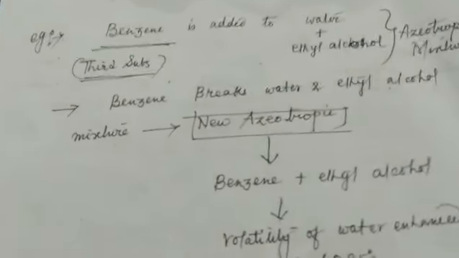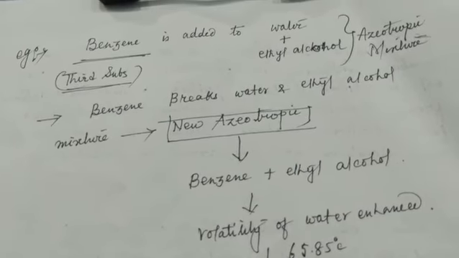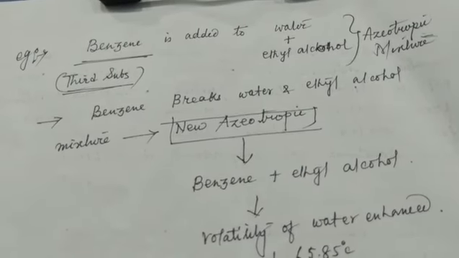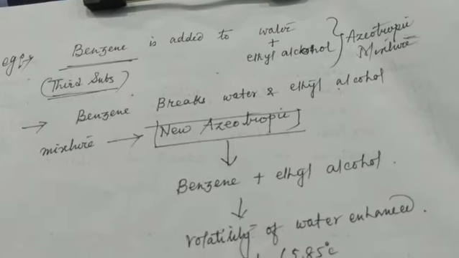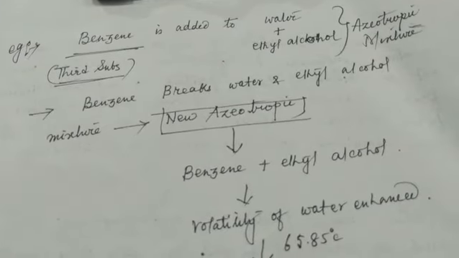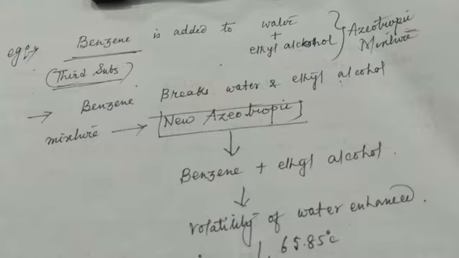Let us describe it with an example so you can understand. Suppose benzene is added to the water and ethyl alcohol azeotropic mixture. So benzene, as a third substance, is added to the water and ethyl alcohol azeotropic mixture.